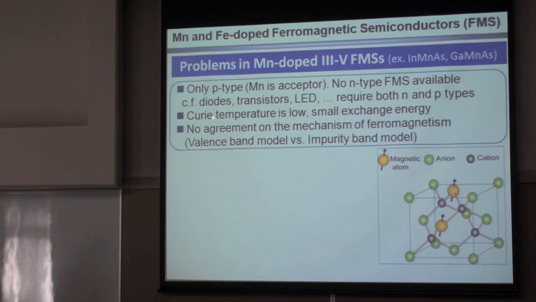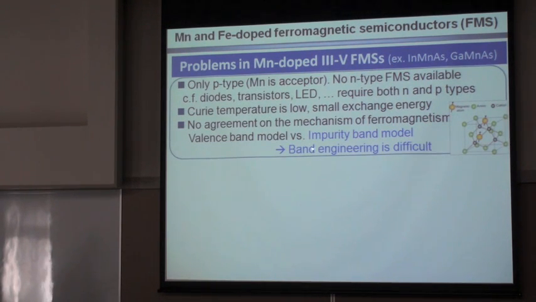And second, the Curie temperature is still lower than room temperature due to small exchange energy. And also, there is no agreement on the mechanism of ferromagnetism. For example, there are two models: the valence band conduction model, and the impurity band conduction model.